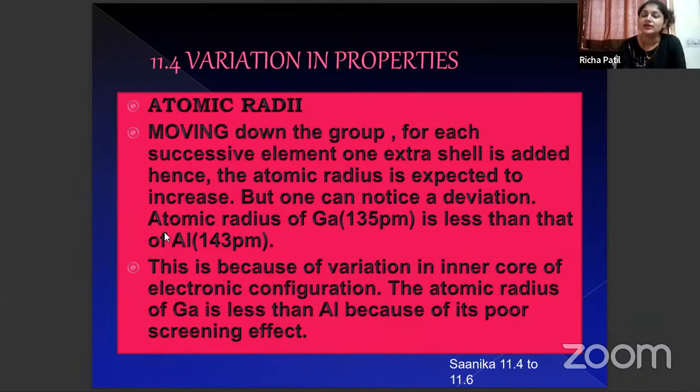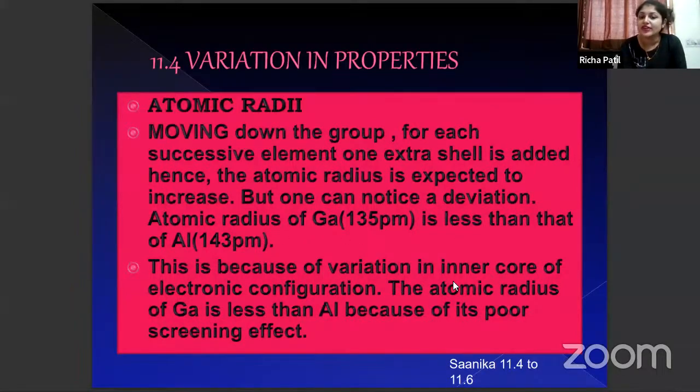Aluminium is above it, but has an atomic radius of 143, while gallium is 135. So why is it so? Why is there a sudden decrease here?